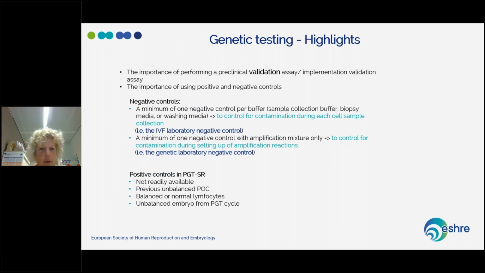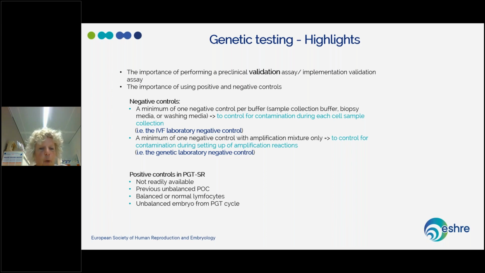So the importance of performing a preclinical validation has already been stressed by Celine, and this is of course the same for all techniques that are being used. So I will not elaborate on the negative controls because they have been addressed. So at the lower part of the slide, you can see the positive controls for PGT-SR, which are usually not readily available, as you need a material of an unbalanced phenotype.